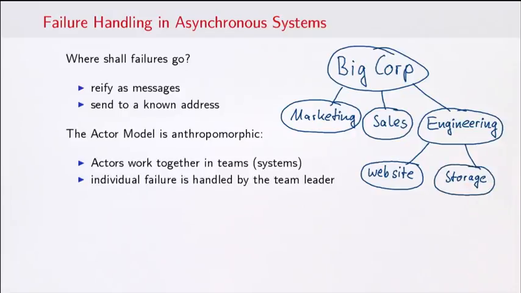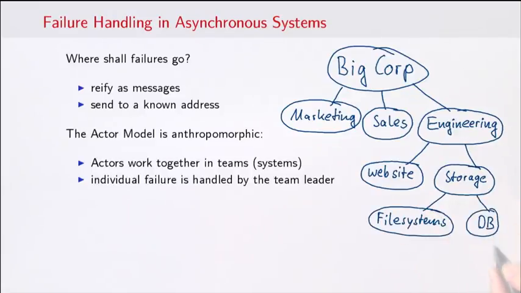And within the storage group, for example, we might have the file systems and the database. All of these teams on all levels have multiple members and one leader. The leader of the whole corporation is, for example, the CEO. And in the database team, it might be the project leader for the database.